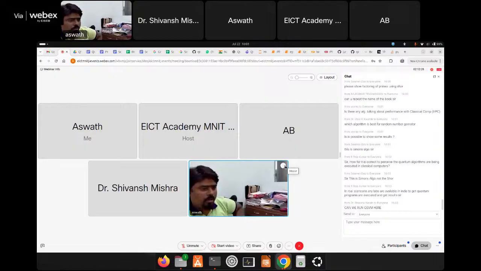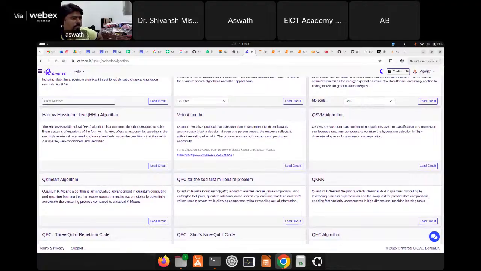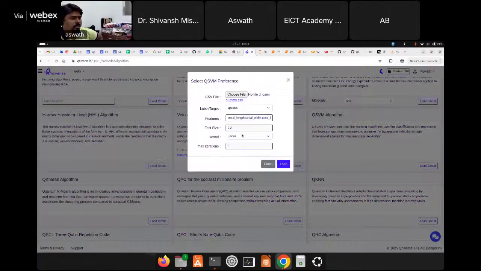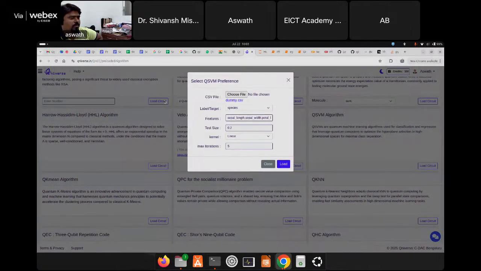Okay, can we run QSVM here? I am not sure, but this one as of now is kind of limited. Okay, we need to see, choose the file. Okay, input file, data file you can feed and see how good it is.